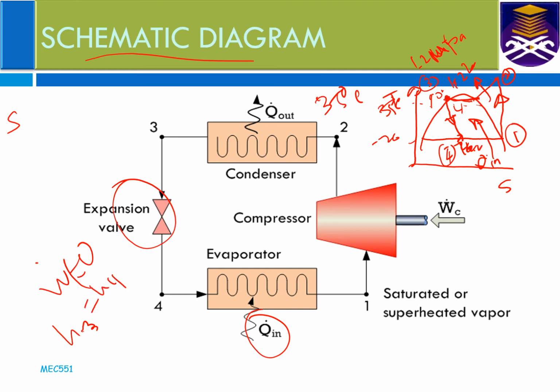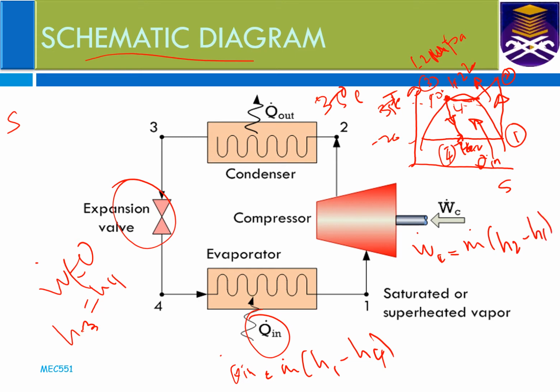I forgot to mention the equation for the heat Q in. Q in is equal to m dot times delta H, which is H1 minus H4. The power input for the compressor is m dot times H2 minus H1.